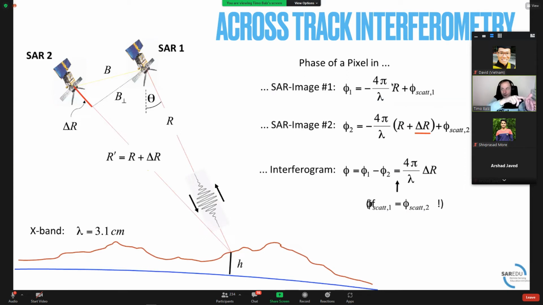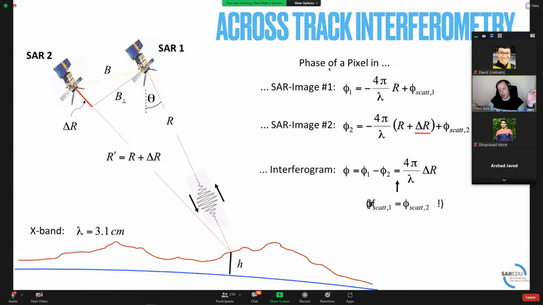So one wavelength is from here to here, and the phase is the fraction of that wavelength where I am. It is calculated by 4 pi divided by the wavelength. We have 4 pi instead of 2 pi because we go there and back. Typically it would be 2 pi.